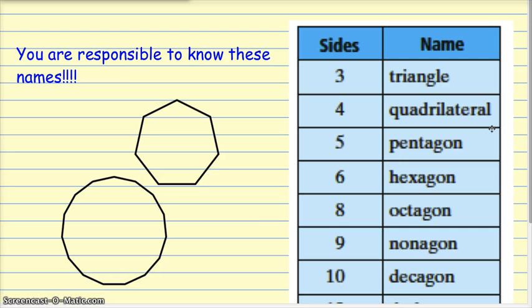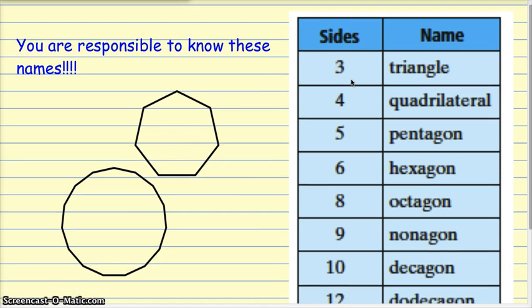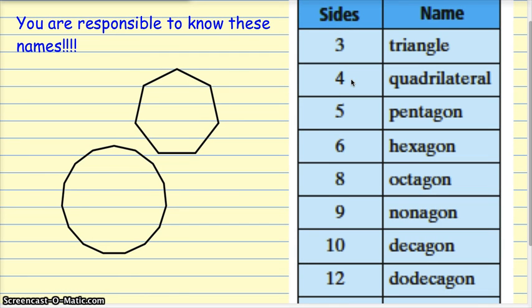Next page. You're responsible for knowing all of the names associated with the sides: triangle, quadrilateral, pentagon, hexagon, octagon. Some people will ask, what is a 7-sided figure? It is a heptagon, octagon, nonagon for 9, decagon for 12. I'd have to look it up, but I don't know what it would be for 11.